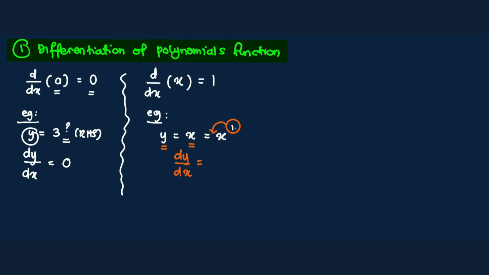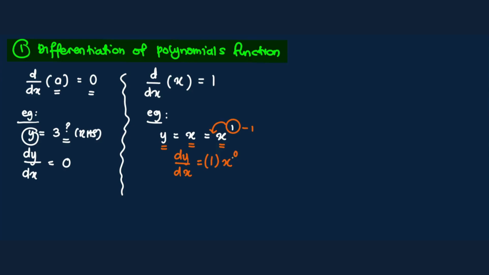So the power 1, you multiply to the front, you will get 1. And then you write your x, but for the power, you must reduce 1 first before you write it to your x. So this will give you 0.